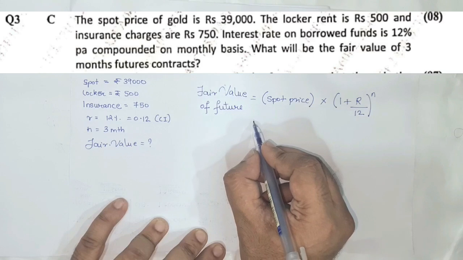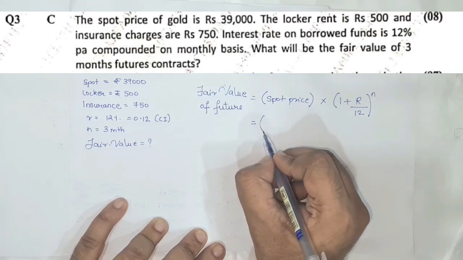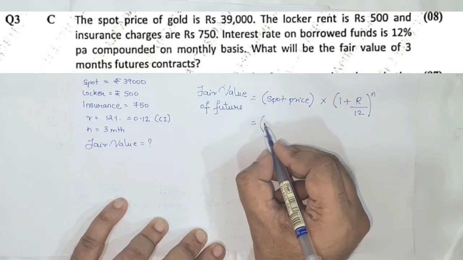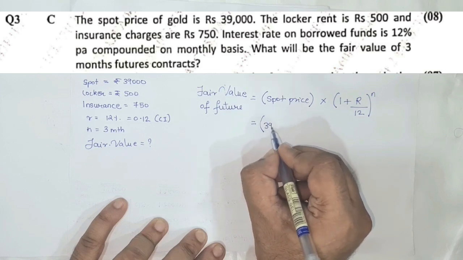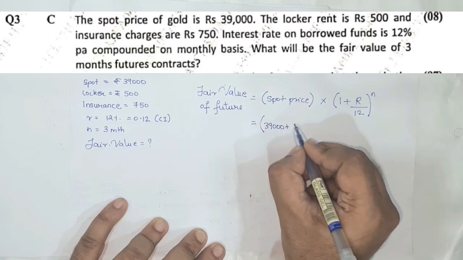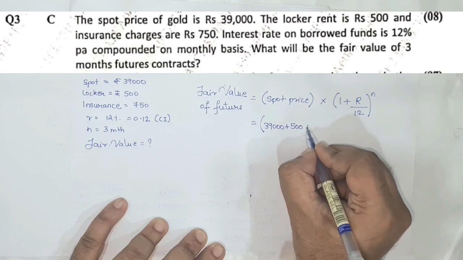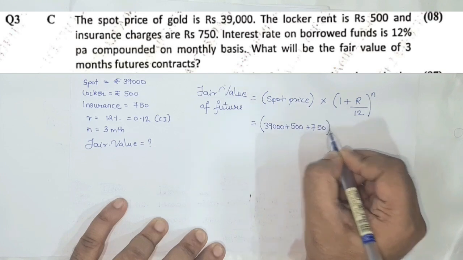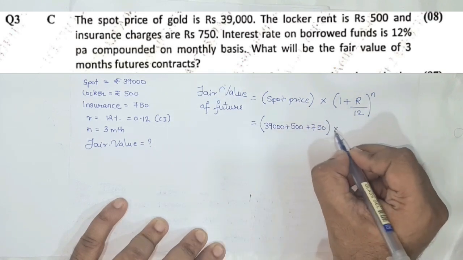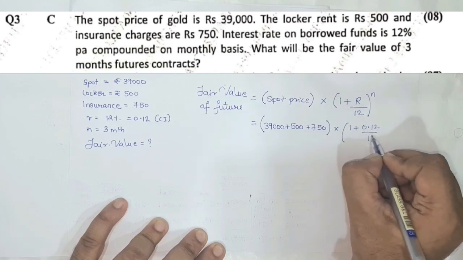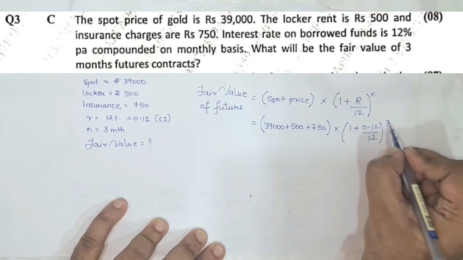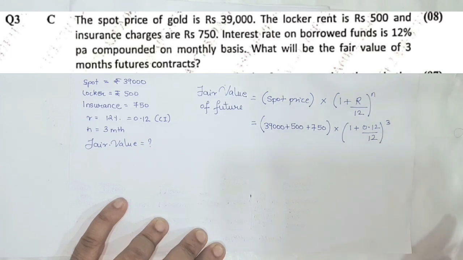That will be the formula that we'll be using. The spot price in the sum is all the amounts they have given us: the gold value 39,000, the locker rent 500 and insurance 750. Altogether they become the spot price, into 1 plus 0.12 upon 12, raised to the power of n, where n is 3 months.